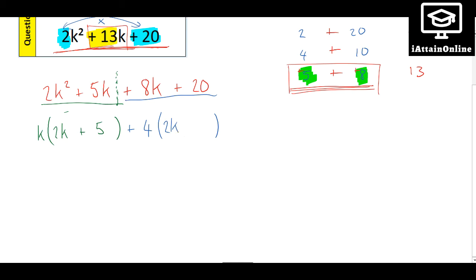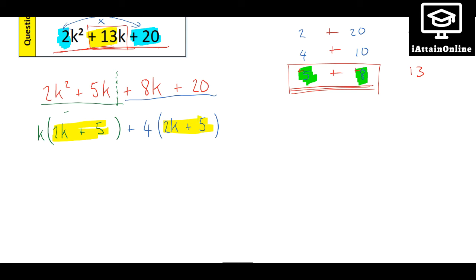And then finally, if I've got 4 and I want to get positive 20, I'm multiplying this by positive 5. It is a good indicator that you've got it right if this and this are the same. They should always be the same if you've got it correct.